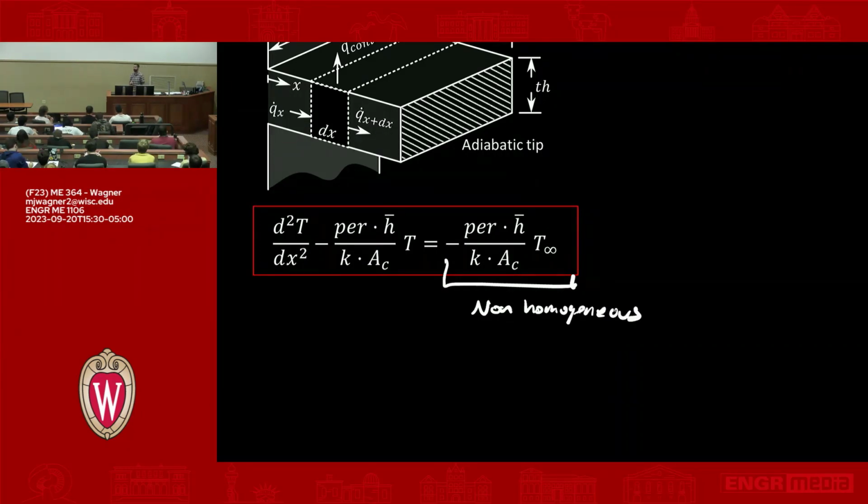Any constants or anything that's only a function of the independent variable, in this case x. So we basically say the left-hand side of our standard form equation is equal to 0 and find the solution for that problem. We add those two back together and that's your full solution. So it's really important that you do both parts, otherwise you don't get the full solution.